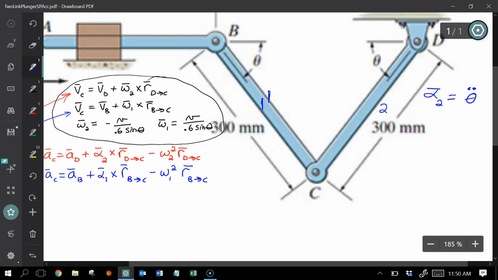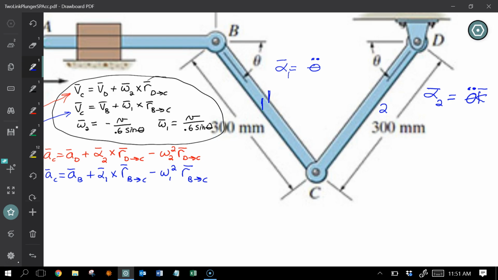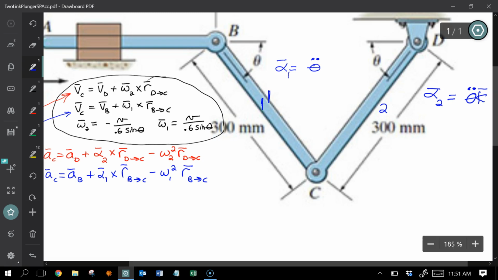And so now if theta is getting bigger, this would be in the counterclockwise direction. So this should have a positive theta double dot k. Over here, the alpha of body 1 should equal, since it's simple, theta double dot as well, and then get the direction. So if theta over here is increasing, body 1 is going clockwise, and clockwise happens to be a negative direction, so that would be a negative k.